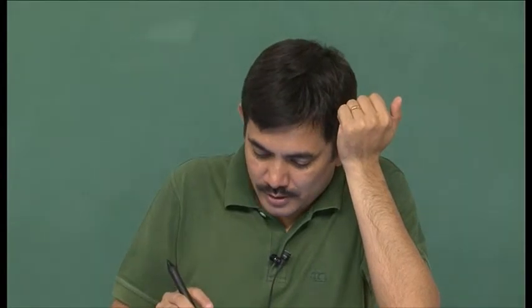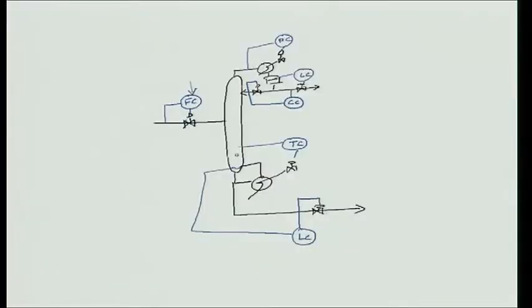So, what would be done is that you have a maximum limit on the boil up, and let us say there is a boil up controller here that is adjusting the steam.